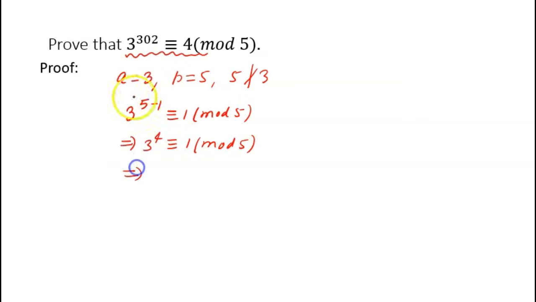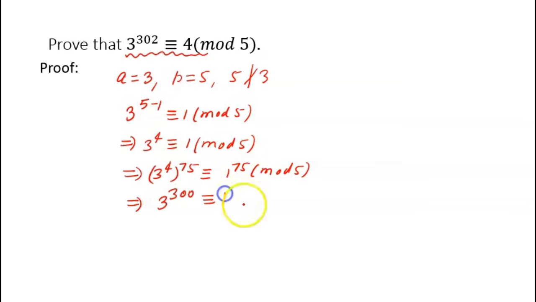And I want 3 to the power 302, so I can take 3 to the power 4, and to the power 75 is congruent to 1 to the power 75 modulo 5. So it becomes 3 to the power 300 is congruent to 1 modulo 5.